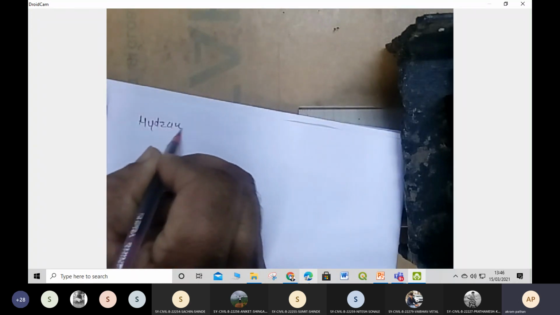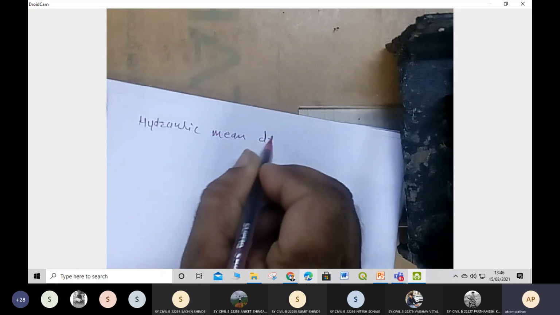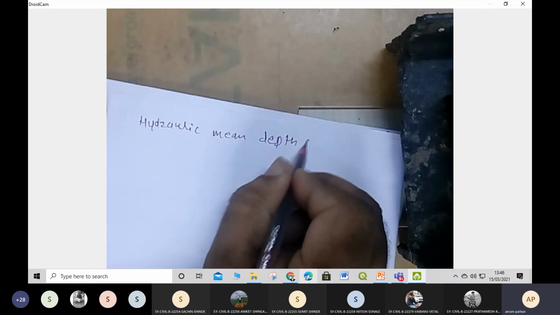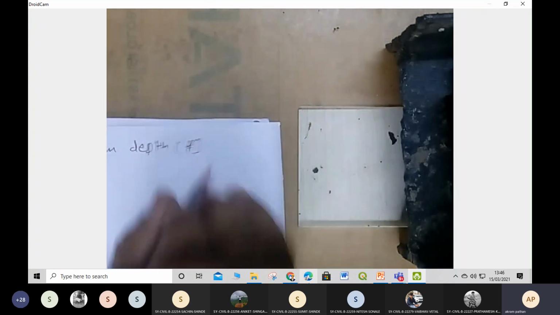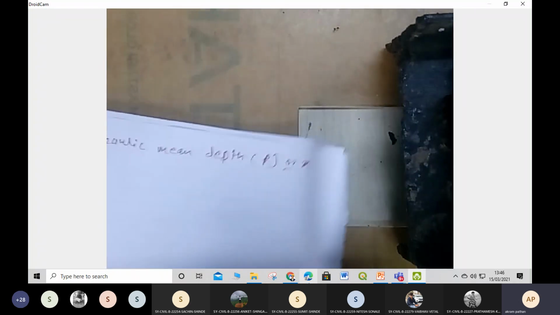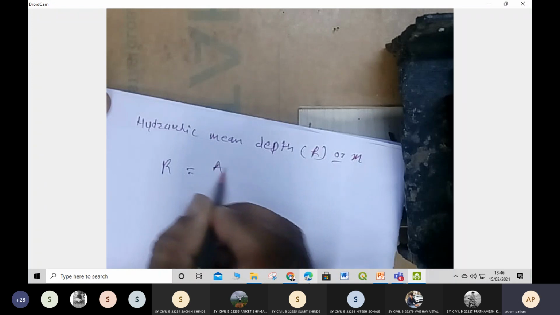The hydraulic mean depth is denoted by the letter R or capital M. This hydraulic mean depth is equal to A by P.